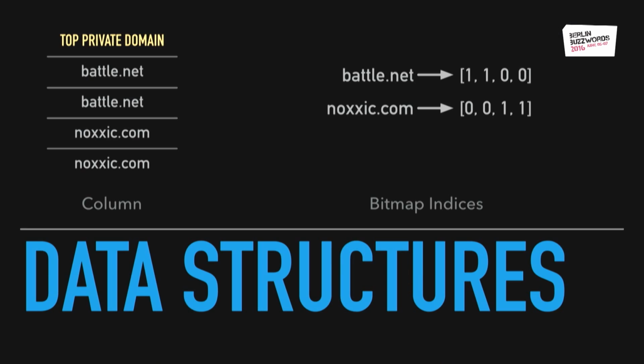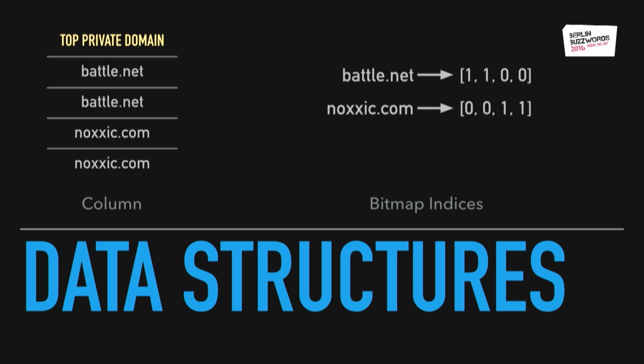A second data structure is bitmap indices. That means for every column it stores whether that value is in that column or not. So, for example, if we have BattleNet in the first 2 columns, it stores a 1 for these 2 columns and a 0 for the other columns.